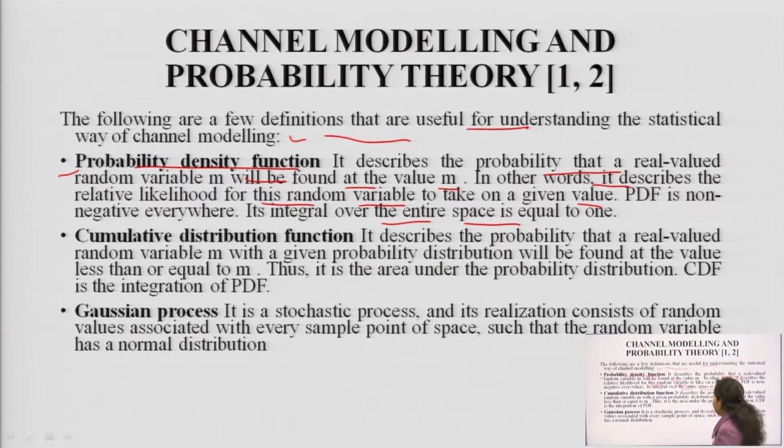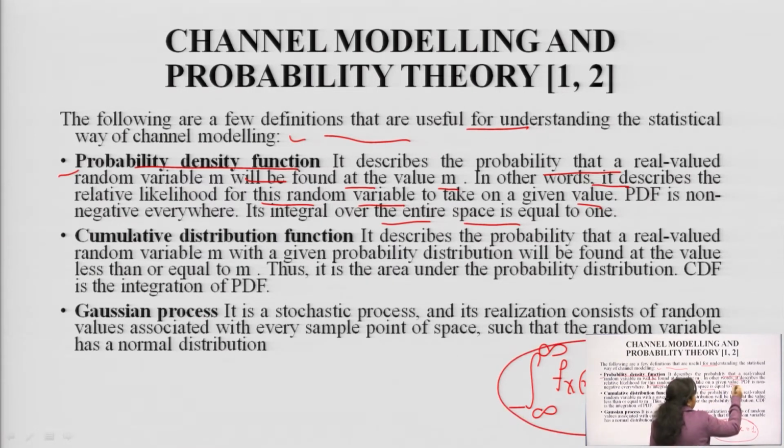That is, the important property of the PDF is that the integral from minus infinity to infinity of f(x) dx is equal to 1, which is written here. The PDF has positive values, and its integral over the entire space, from minus infinity to infinity, equals 1.